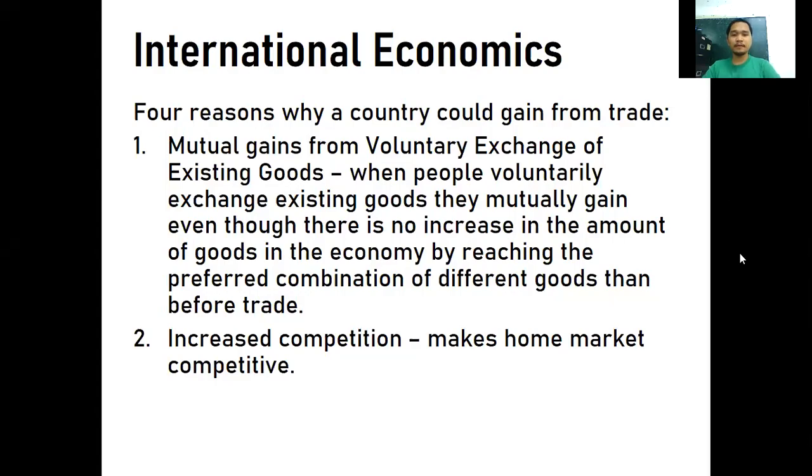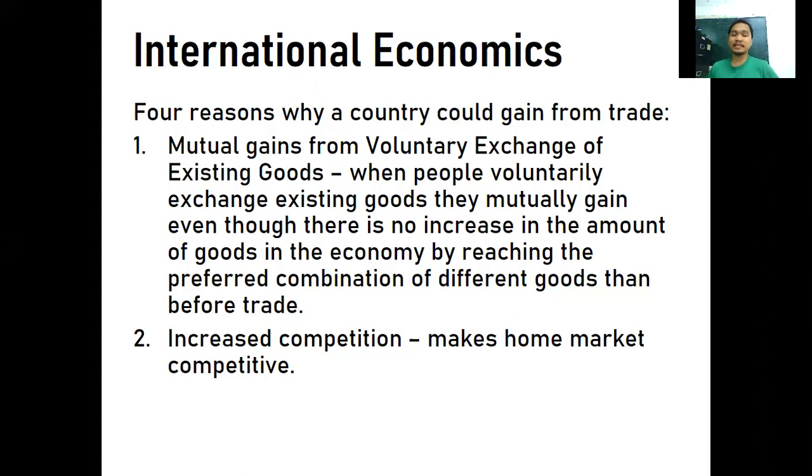Okay. There are 4 reasons why a country could gain from the trade. So natay upat, no? Karason nganong ang atong country makaginan siya from the trade. So the first is the mutual gains from the voluntary exchange of existing goods. Okay? Mutual, no? When people voluntarily exchange the existing goods, they mutually gain even though there is no increase in the amount of goods in the economy by reaching the preferred combination of the different goods than before the trade.